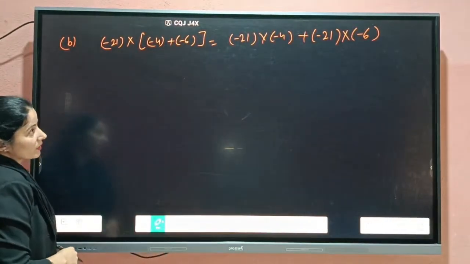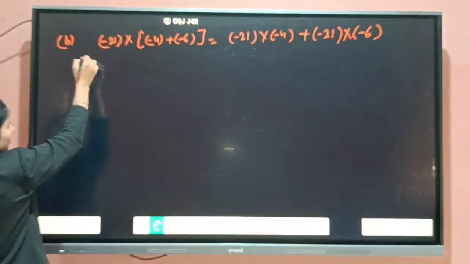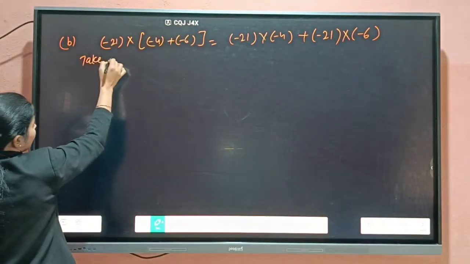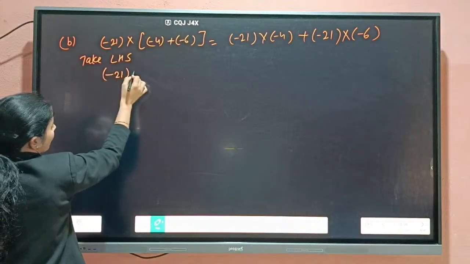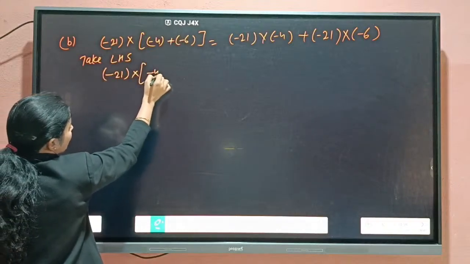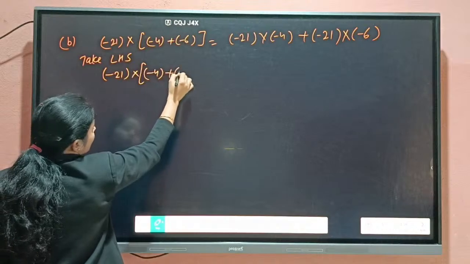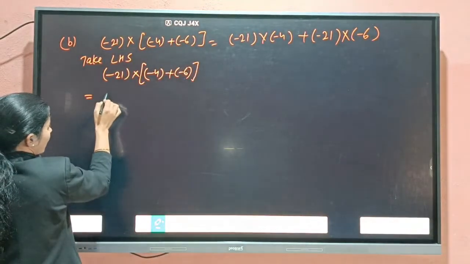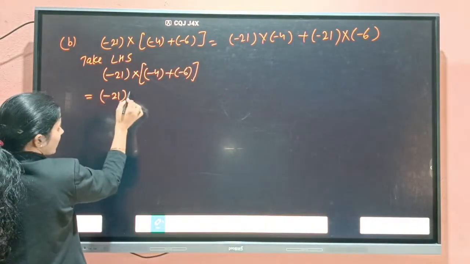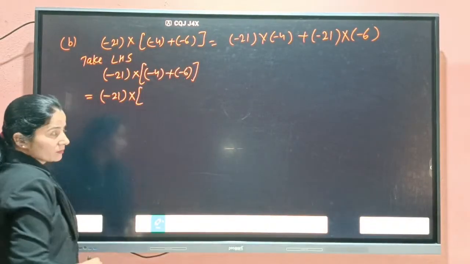So let us do it the same way. Take its left hand side. Left hand side is minus 21 multiplied with minus 4 plus minus 6. Simplify it. This minus 21 will be as it is. We need to simplify this bracket.